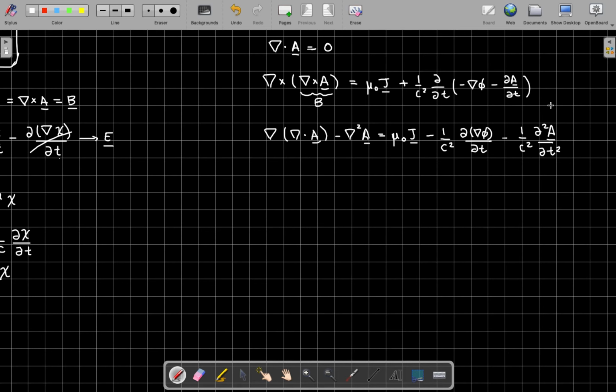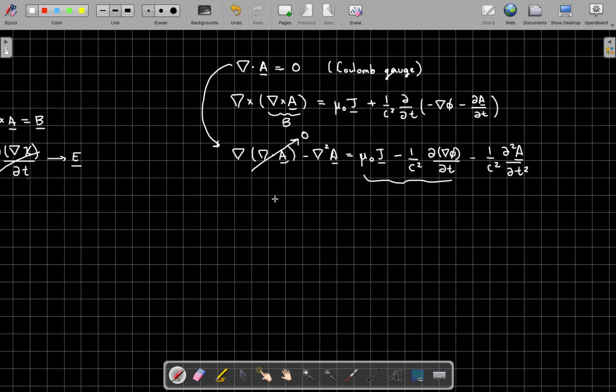Okay, this is 0 because of the Coulomb gauge, right? That I just said. Coulomb gauge.